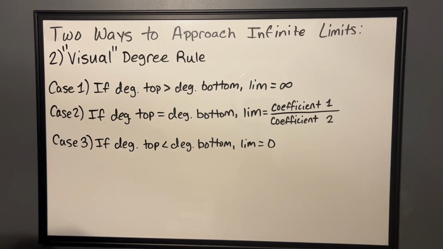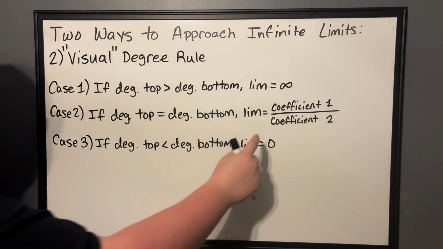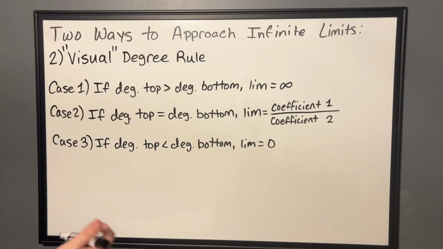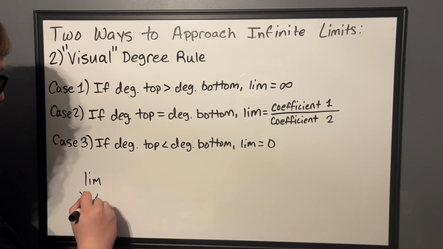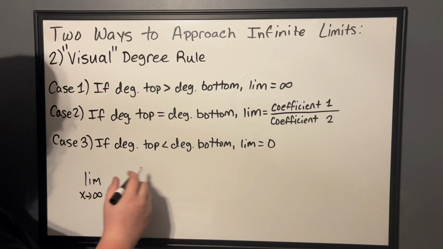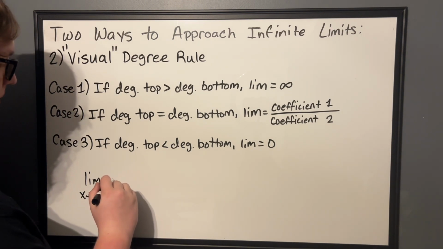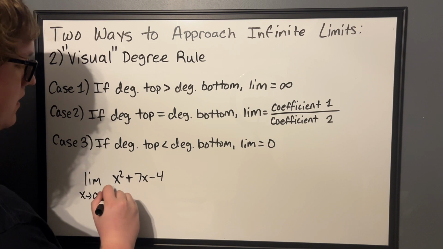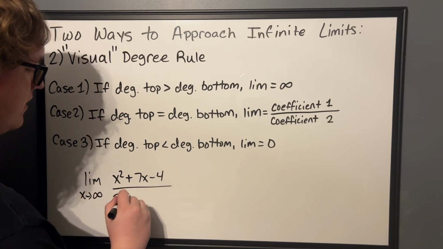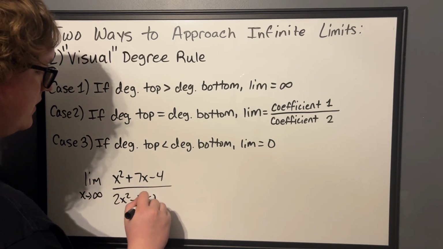Now, I want to do a quick little example of this one because this gets confusing for people, especially when you first see this. So let's think about the limit as x goes to infinity of, let's say, x squared plus 7x minus 4 over 2x squared minus 4x plus 3.